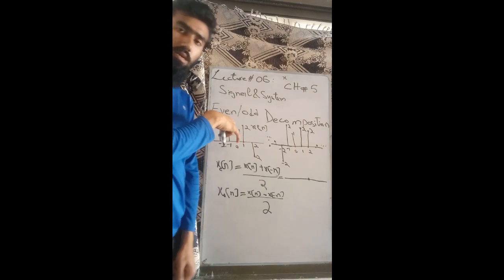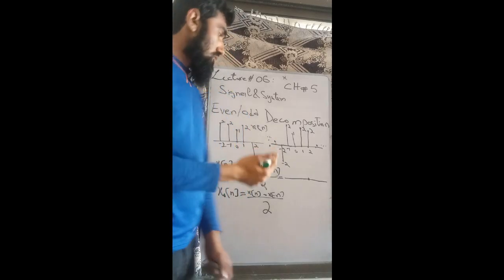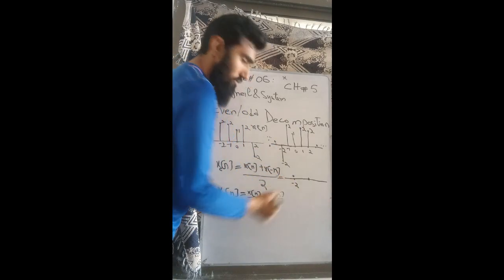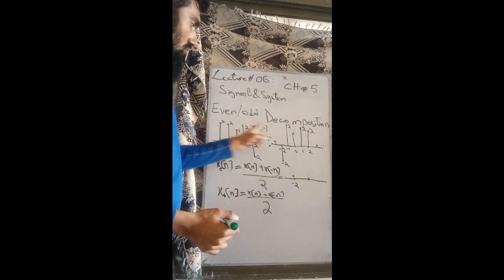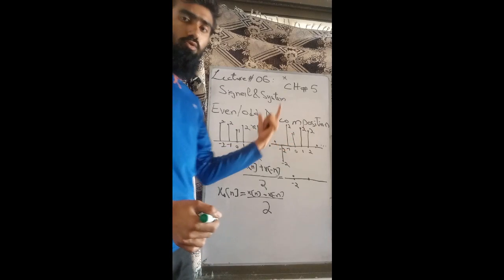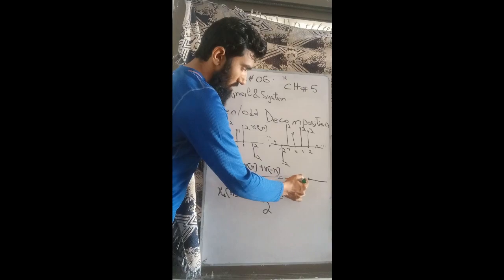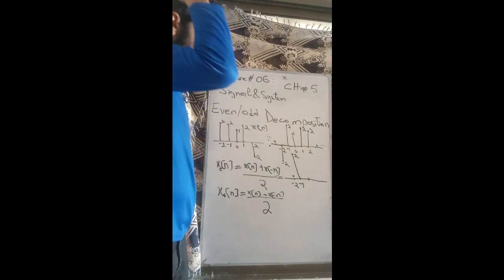So 2 minus 2 is 0, and then 0 divided by 2 is again 0. So at -2 we will get 0. And at -1 it is 2, 2 plus 2 is 4, and dividing by 2 it is again 2. So at -1 its value is 2.